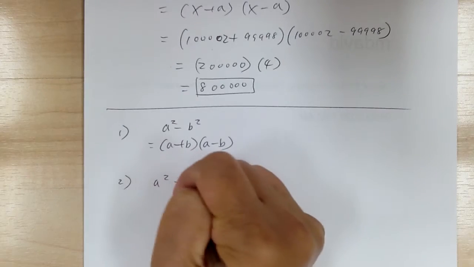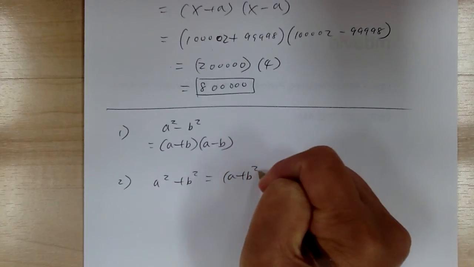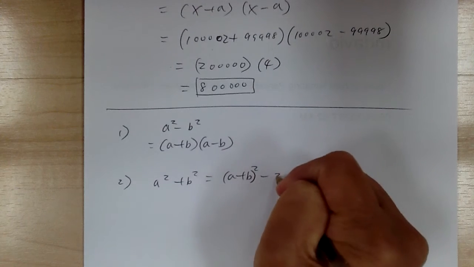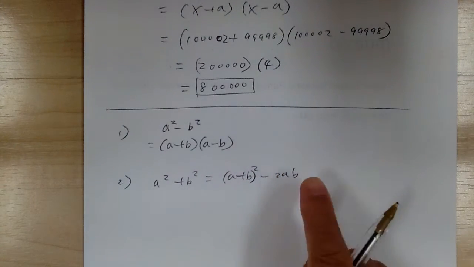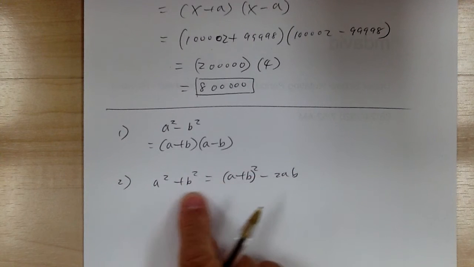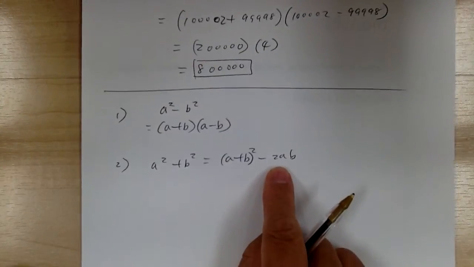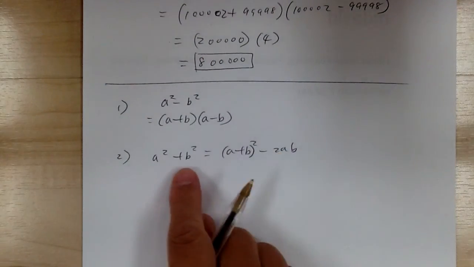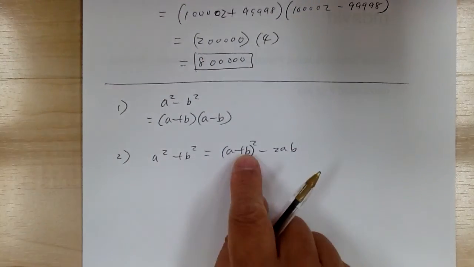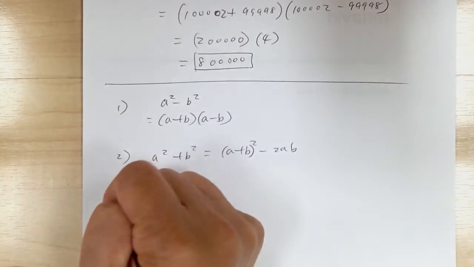So a squared plus b squared is equal to a plus b squared minus 2ab. If you move this term over, then it's more obvious. But when you do it this way, it's not as obvious. Again, if you move this term over here, then you have this equal to this plus that, and it's obvious.